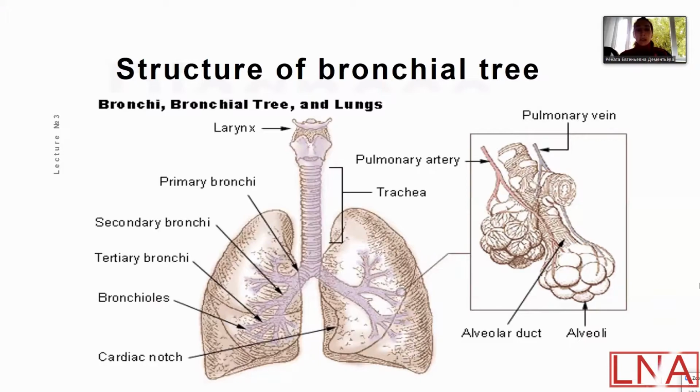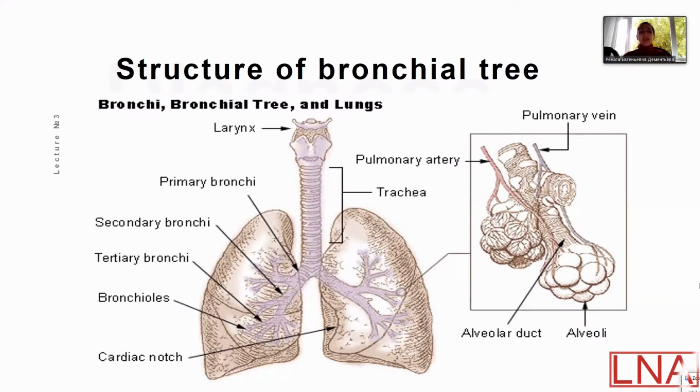The right bronchus is shorter and wider by about 1.5 centimeters than the left bronchus in radius, and the position of the right bronchus is more vertical, so it is easier for particles to go in.